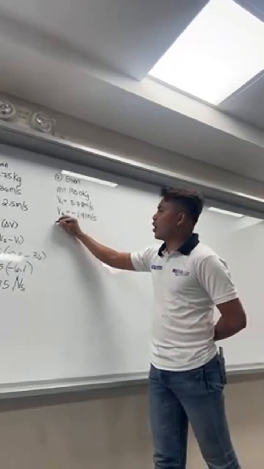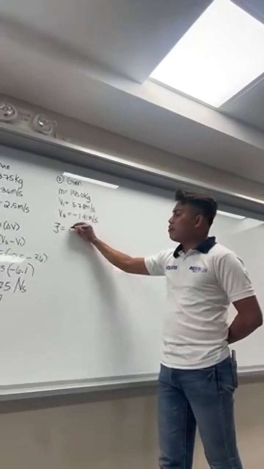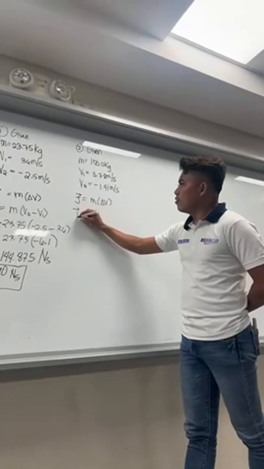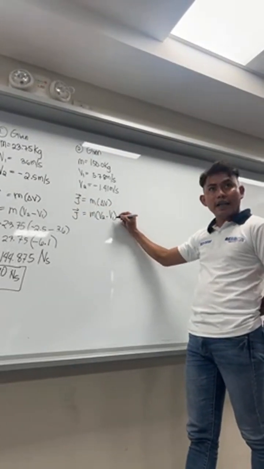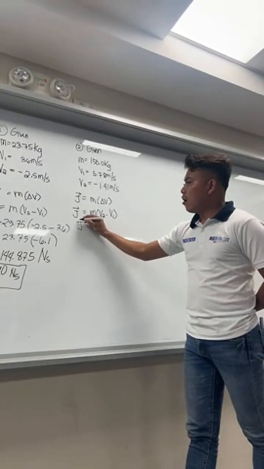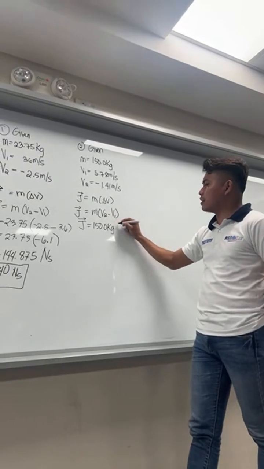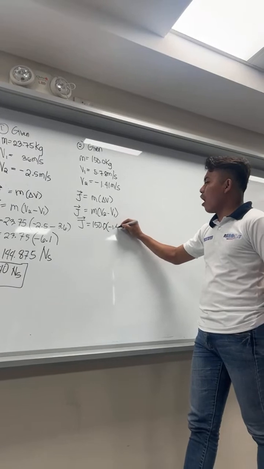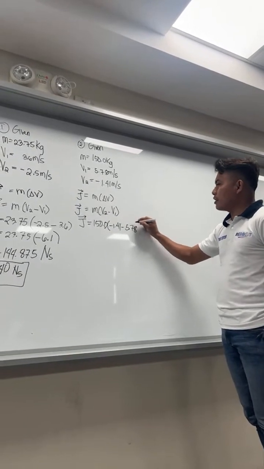So the formula that we are going to use is ito, based on our given. Mass times change of velocity. So, mass times velocity 2 minus velocity 1. Okay, mass is 150 kilograms. Our velocity 2 is negative 1.41 minus 5.78.